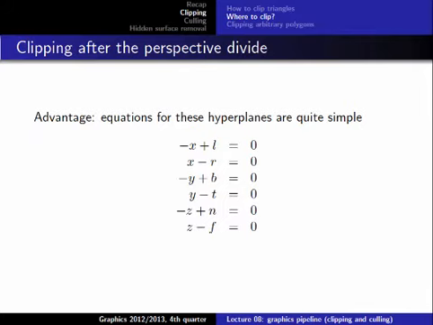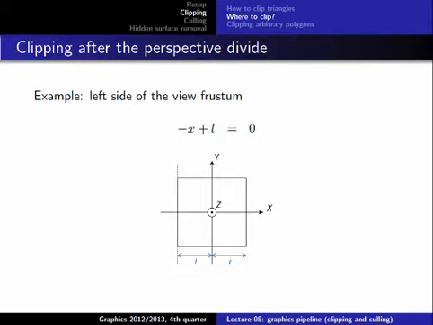So you see here, for example, for the left side, I have an illustration. The left side of the view frustum is illustrated by this plane, minus x plus L. I think there was an exercise in the very first tutorial: what is the equation of a plane that is parallel to the xy plane, or something like that.